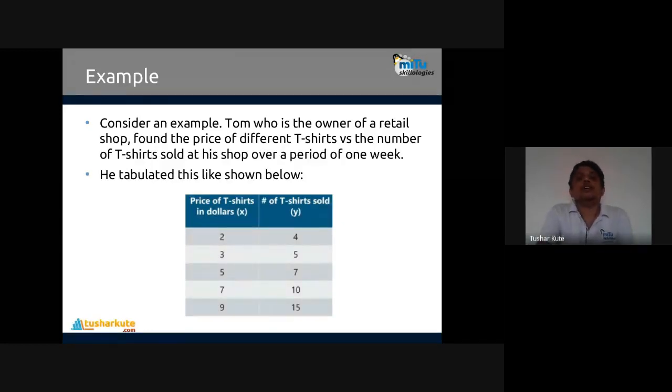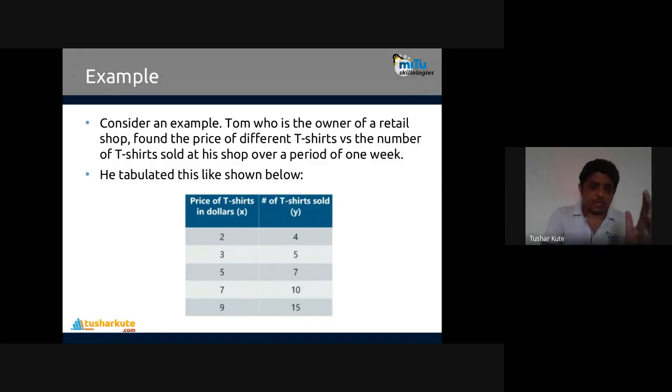Consider an example. Tom, who is the owner of a retail shop, found the price of different t-shirts versus the number of t-shirts sold at his shop over a period of 1 week. You can check the data. Here we have defined the input and output variables. The price of t-shirts in dollars is mentioned as 2, 3, 5, 7, and 9.